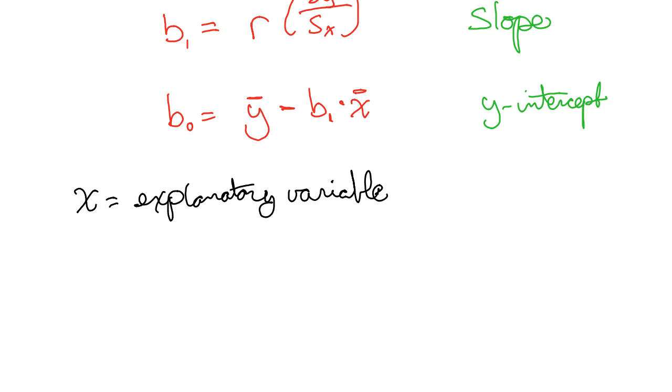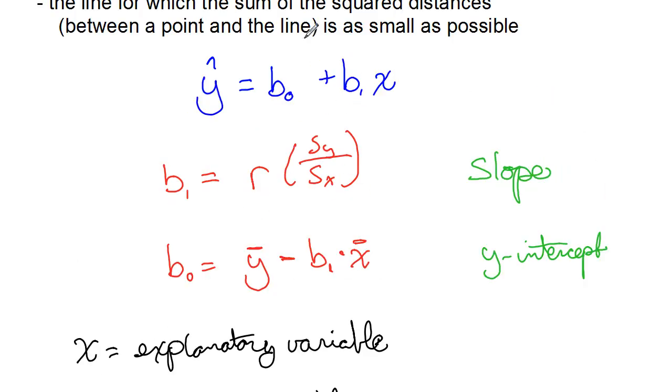So it's used to explain or predict the value of the other variable, which is our y variable, usually considered the outcome variable. Especially if you notice in this equation right here, we substitute in x so we can predict our y value.